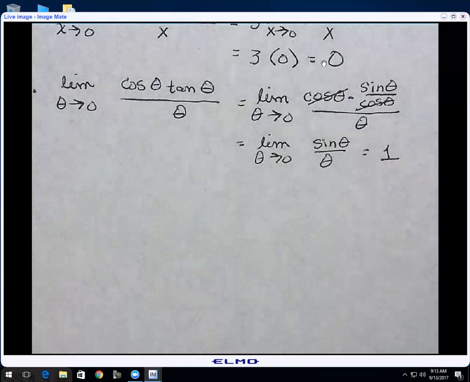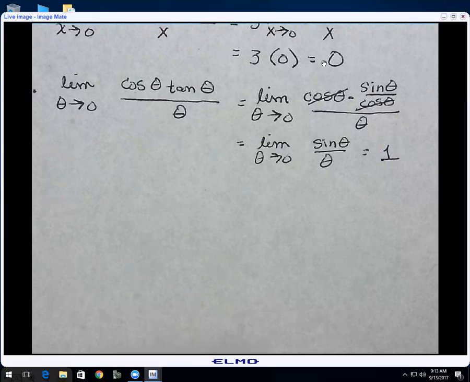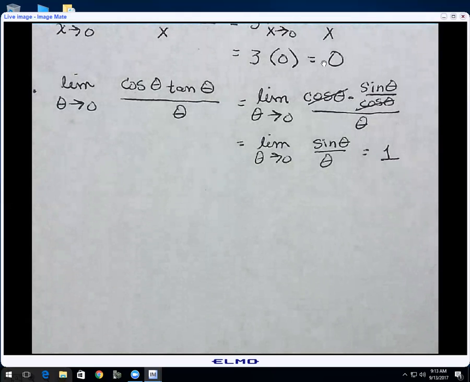It could be something as ugly as sine of x squared plus 3x plus 2, as long as you had it over x squared plus 3x plus 2, and it was x squared plus 3x plus 2 that was approaching 0, then it would still be 1. If you had limit as duck approaches 0 of sine duck over duck, it would be 1.